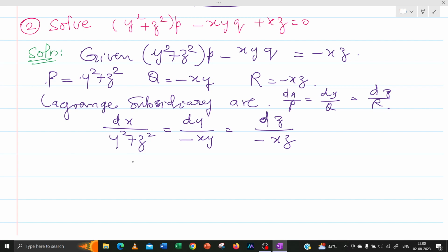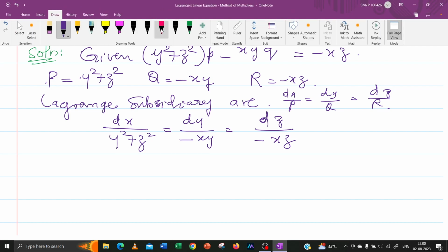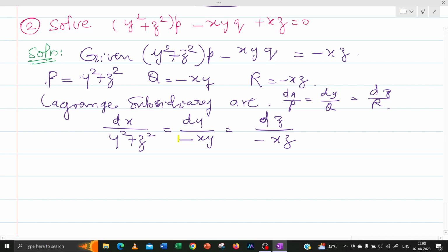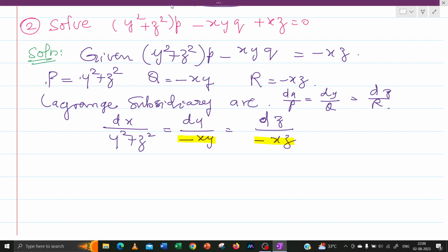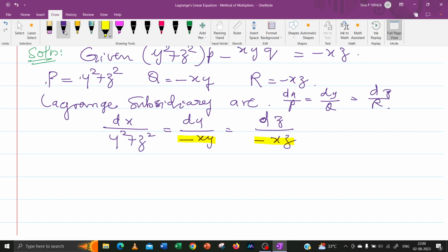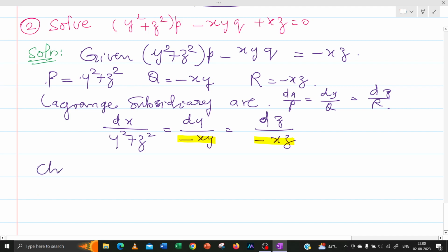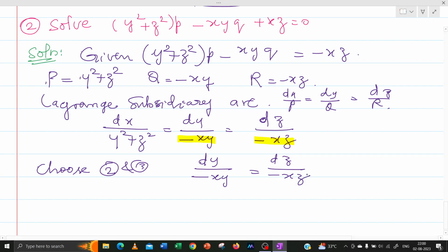So here we can see that xy is in the multiplication in term 2 and term 3. Okay, x and y are in multiplication form, so we can choose 2 and 3. That is dy by minus xy equal to dz by minus xz.